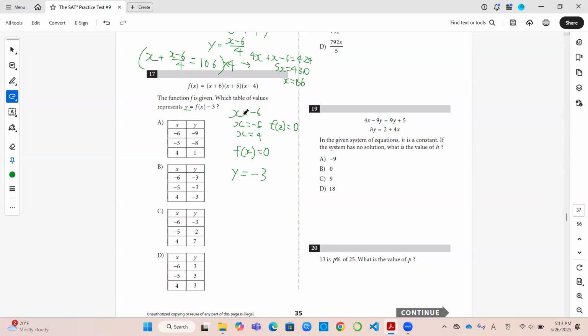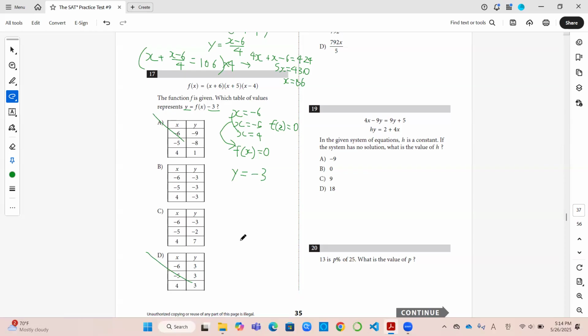So what I mean is if I put either -6, -5, or 4 into this function f of x, it becomes a 0. And then for y, I have to subtract the 3 here, right? So if I look at my answer choices here, A and D are automatically wrong.